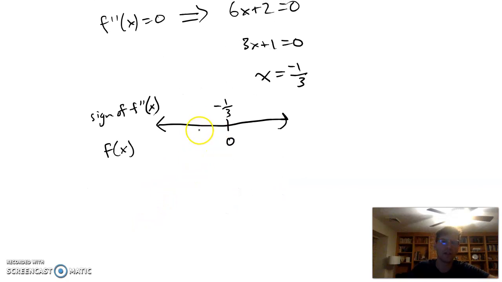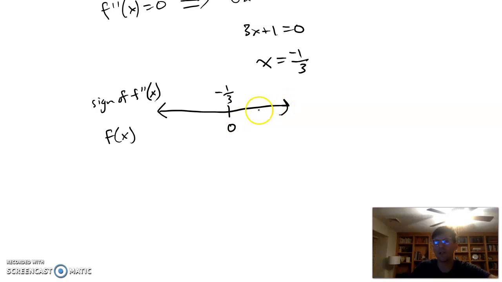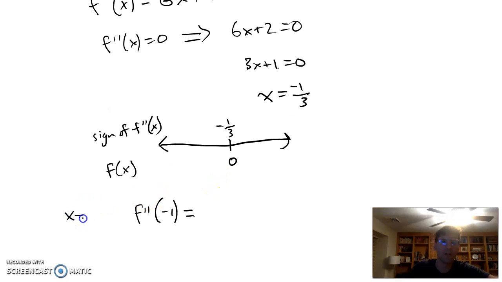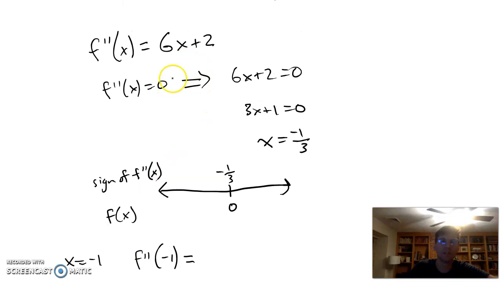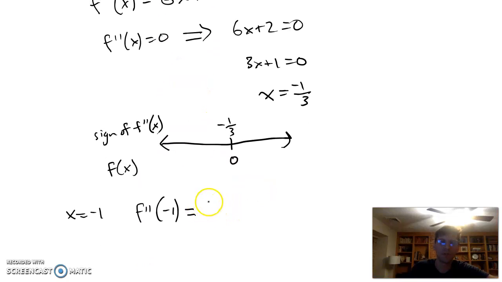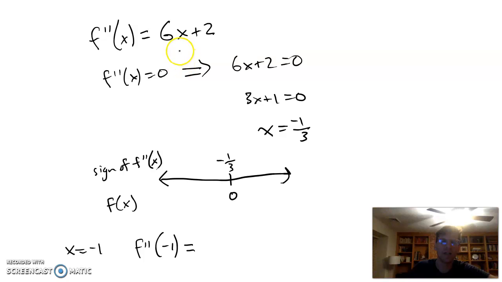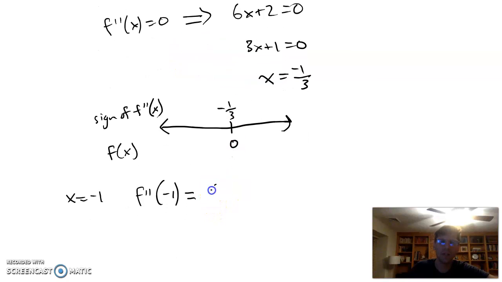So we could try, say, negative 1 and 0. f double prime of negative 1 will be 6 times negative 1, so this will be a negative.